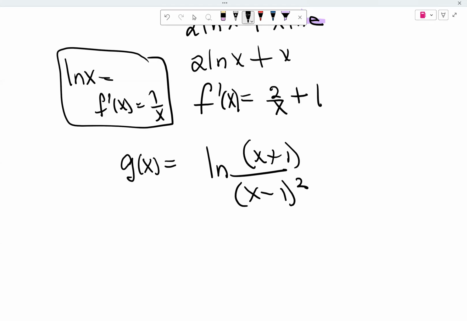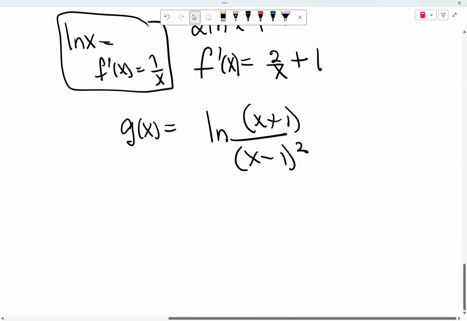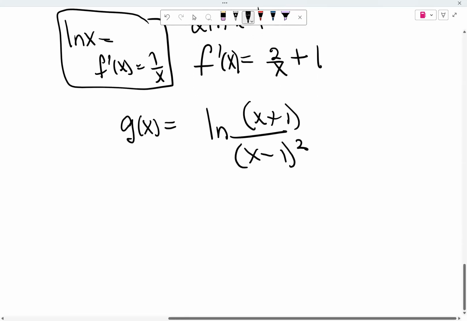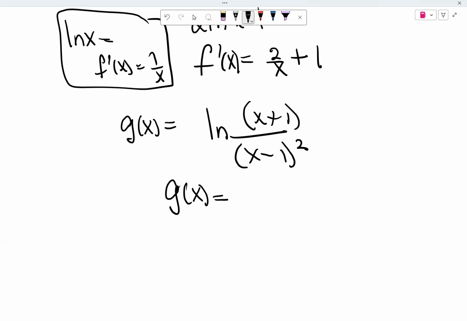So again, I'm thinking of this in terms of what we learned with respect to dividing the same base, right? So we re-express this as g of x is equal to the natural log of x plus 1 minus the natural log of x minus 1 squared. Or cubed, I'm sorry, this is cubed.